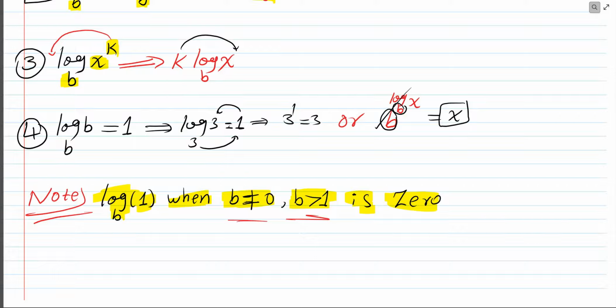So log of 1 always equals 0, like log base 7 of 1, the answer is 0. Log base 0.3 of 1, the answer is 0. Log base 2 of 1, the answer is 0, and so on.